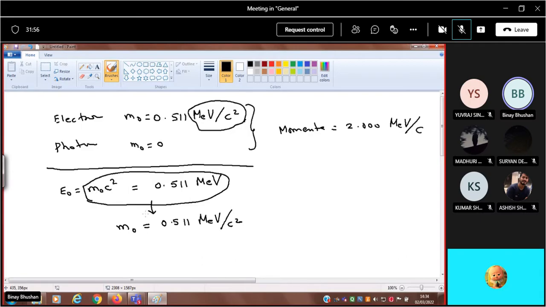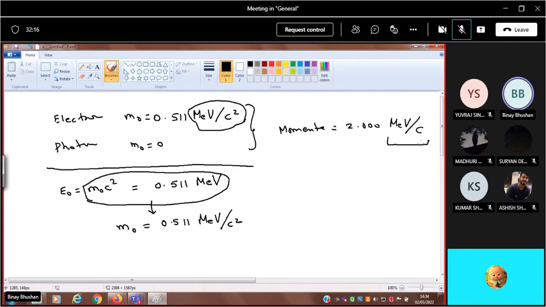So m naught will be 0.511 mega electron volt by c square. In STR, the unit of mass is written in terms of mega electron volt by c square, and momentum is written in terms of mega electron volt by c.